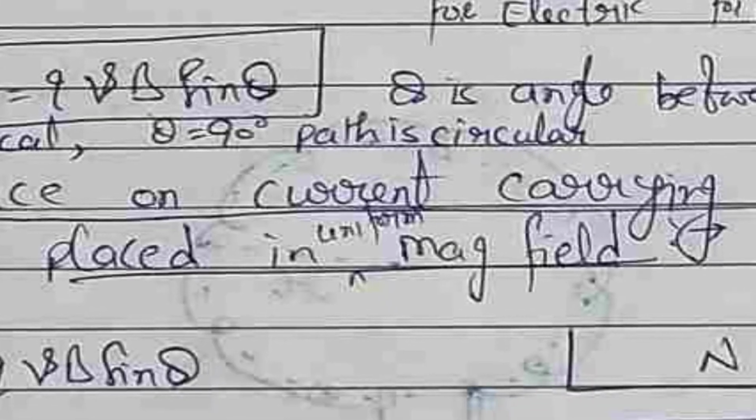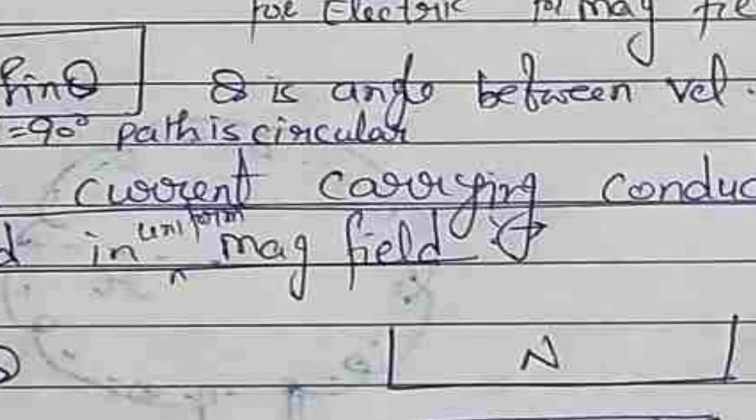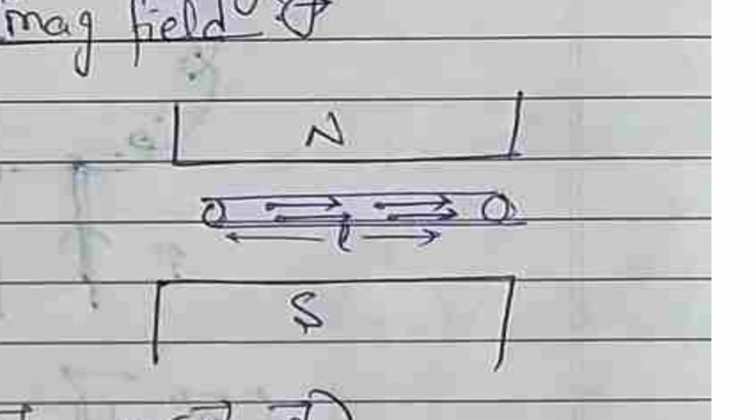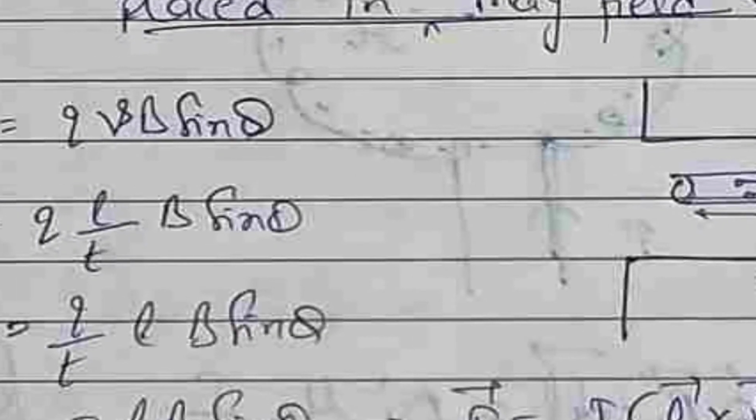Let us calculate the force on a current carrying conductor placed in a uniform magnetic field. Let us say this is a magnetic field, with north-south poles. A conductor carrying current I is placed in this magnetic field. It has length L. Suppose charge is moving in it, and the current I flows in a time t.